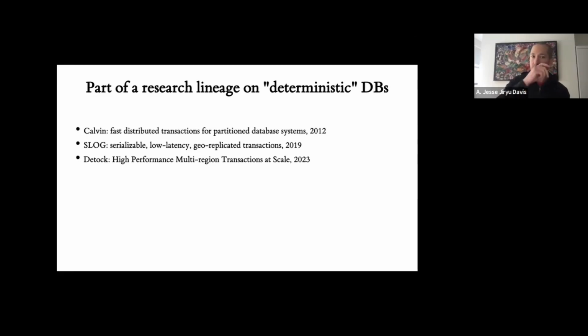More recently, there was Slog, which is applying deterministic transactions to geo-replication. And then there's Detock, and Detock is very close to Slog. It uses some of the same code, it uses the same architecture, but Detock has different conflict resolution rules from Slog. So that's going to be the main focus of this paper.